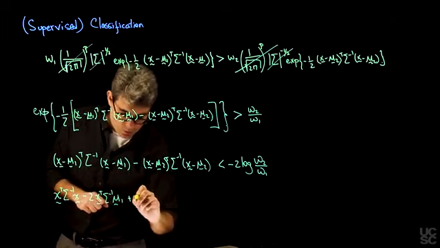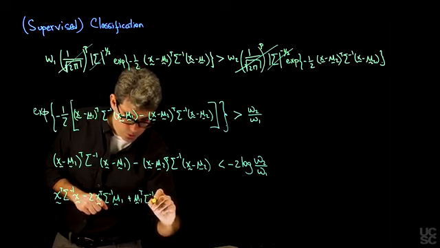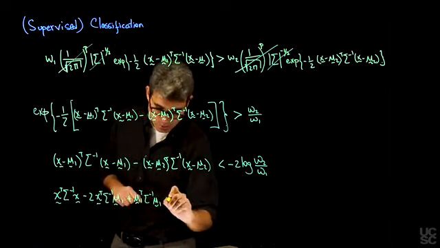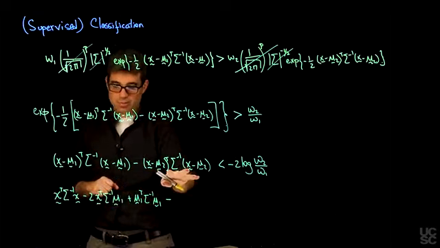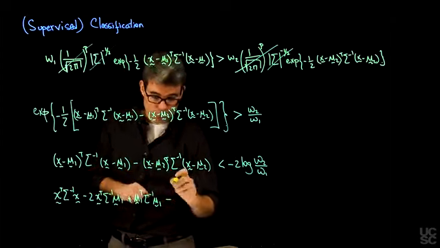And finally, mu1 transpose sigma inverse mu1. And then we need to subtract a similar expression, but using mu2 for its terms.